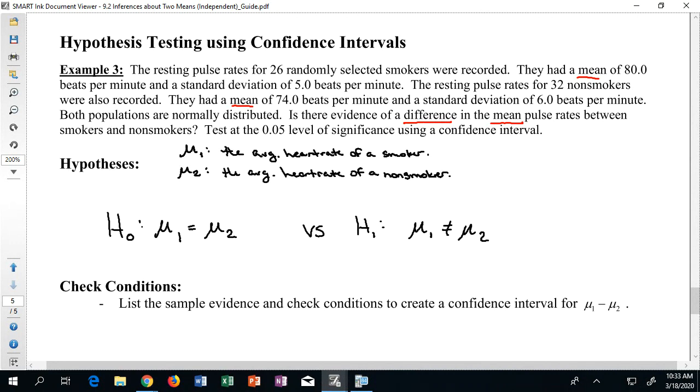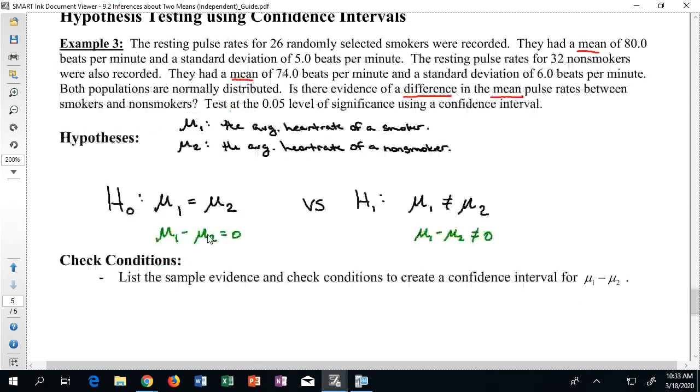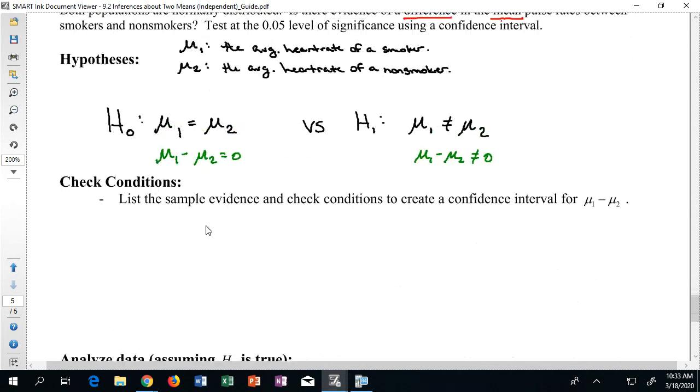If I'm going to construct a confidence interval for average number 1 minus average number 2, it's helpful to consider the green hypotheses, which would ultimately look like this. And I'm going to start by believing that average 1 minus average 2 results in 0, meaning, of course, they're the same. Okay, so I'm going to start by listing out the sample evidence and doing the checks.